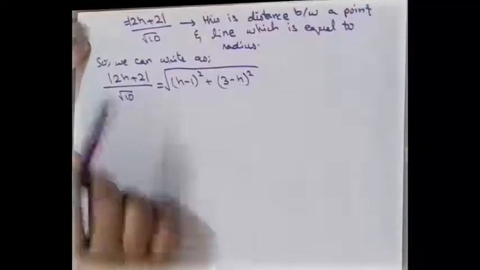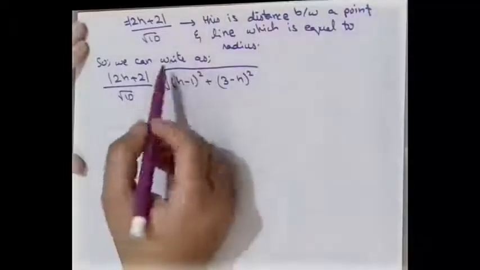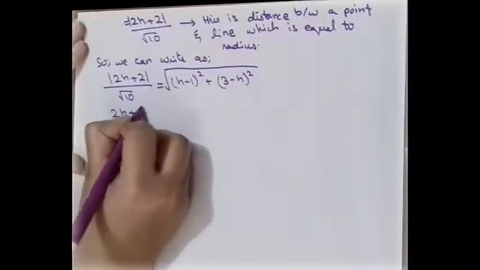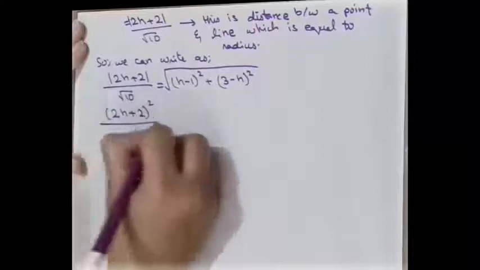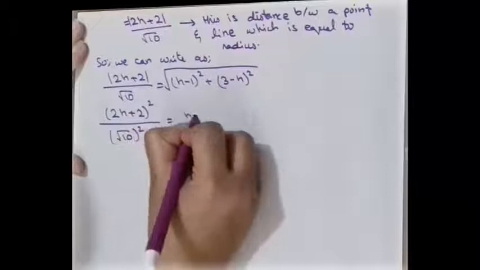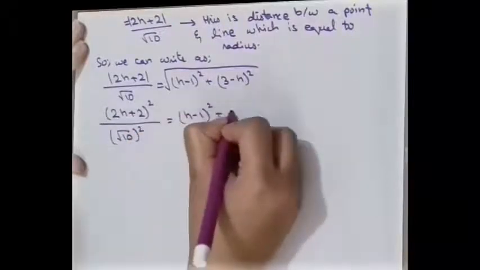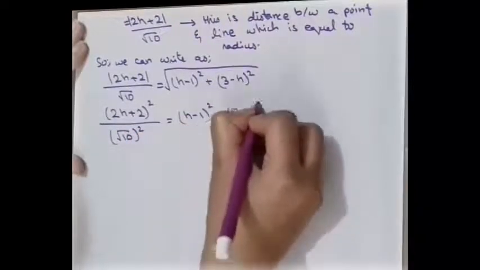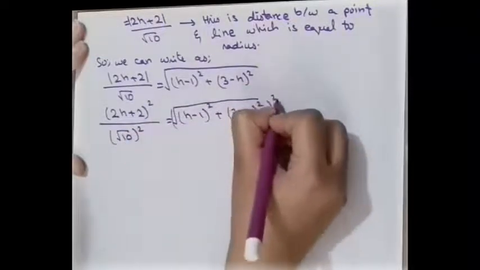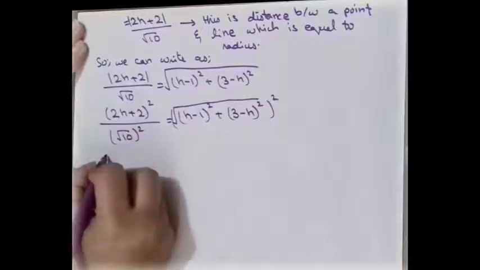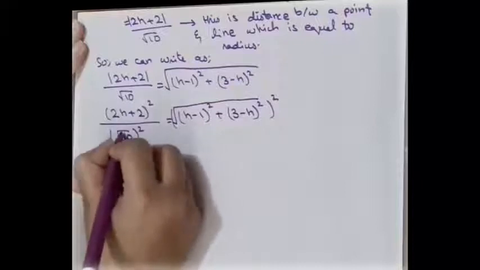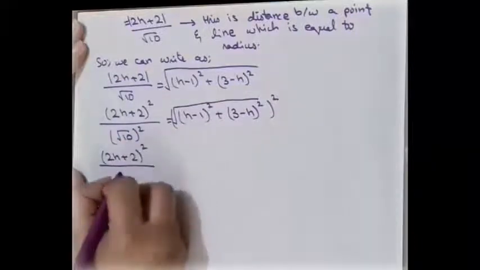To solve this, we take a square on both sides to get rid of this radical sign. So if I take a square on both sides, I will also take it on this side as well: (h minus 1) squared plus (3 minus h) squared with a radical sign, and taking a square on it. This radical sign can be cancelled out with this square, so it will be a 10 on the left.